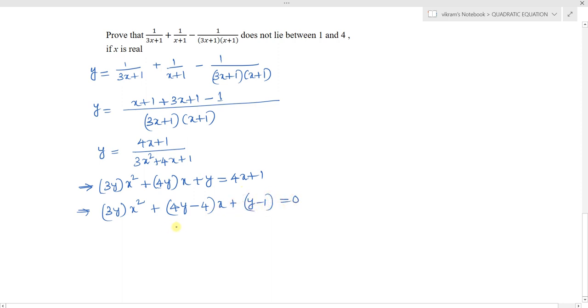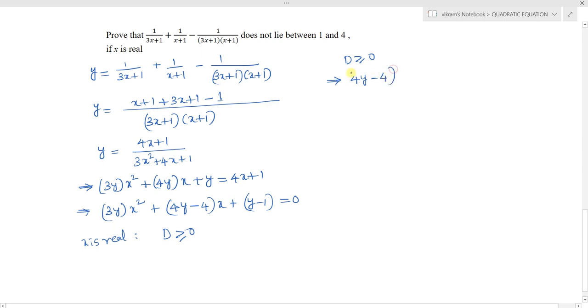Now we have expressed this as a quadratic expression in variable x. Given that x is real, the values of x are real only when the discriminant is greater than or equal to 0. So b square minus 4ac is greater than or equal to 0.